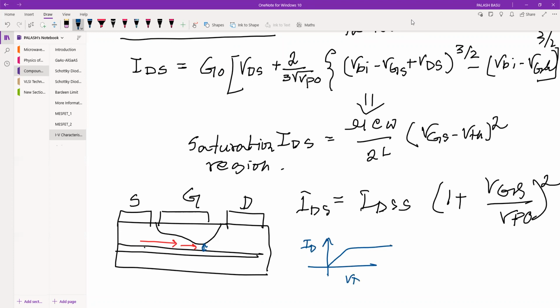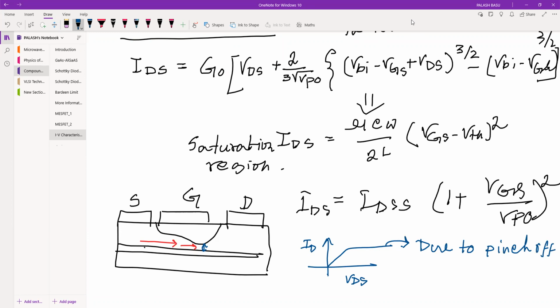So you are getting saturation current due to pinch off. That was the assumption made by Shockley. You know that part quite well. We had a long discussion on this.